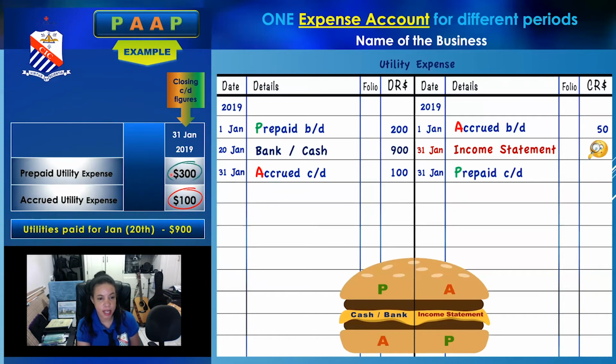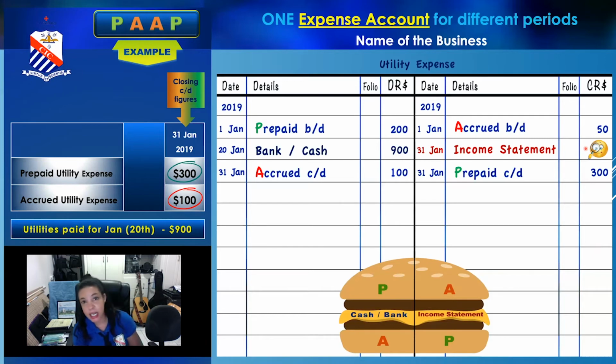Is there any? Yes, 300. You put your 300 there, and you have just finished your PAAP with your meat in between, with your cash and bank and your income statement, except for the fact that we are still missing the income statement figure.